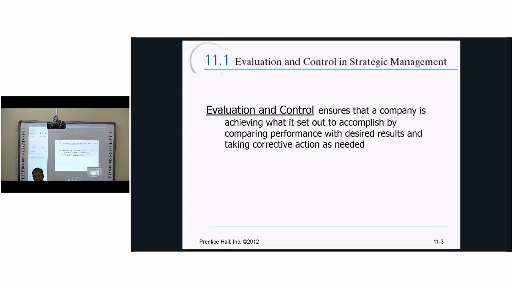But when it comes to evaluation and control, it should not be limited to financial performance. You should look at many non-financial factors as well. In most of our organizations, when it comes to financial performance, we do have a proper evaluation and control mechanism.